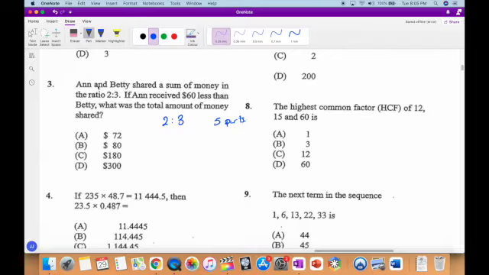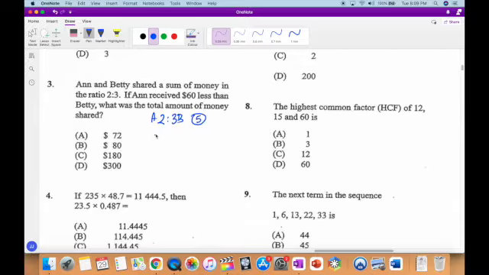Anne is 2 and Betty receives 3. So Anne received $60 less than Betty. What is the total amount of money? So we could see here that we have a ratio of 2 to 3, where Anne received less money than Betty. So that gives a total of 5, right?